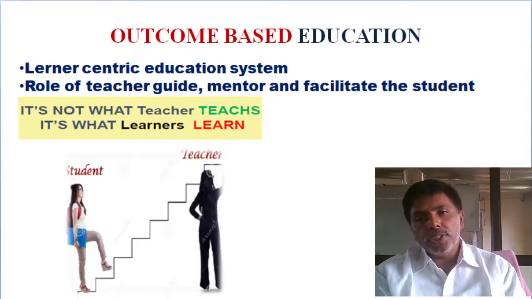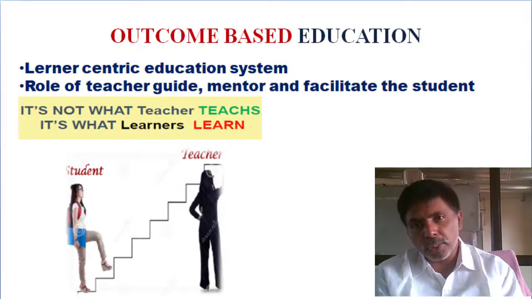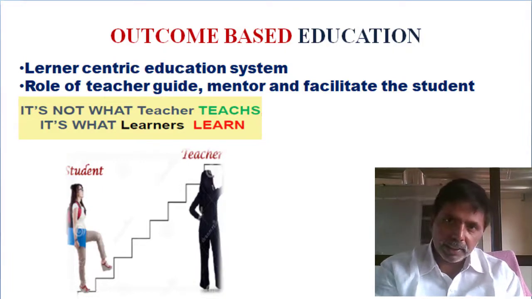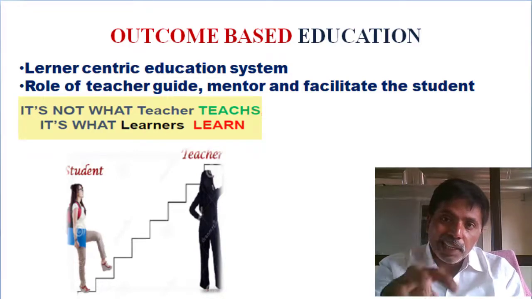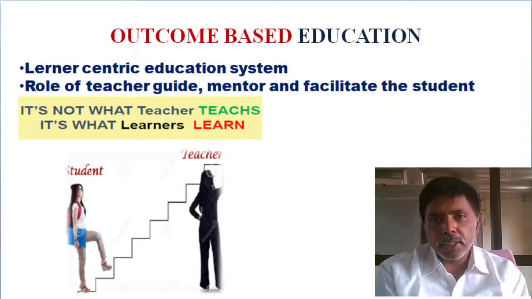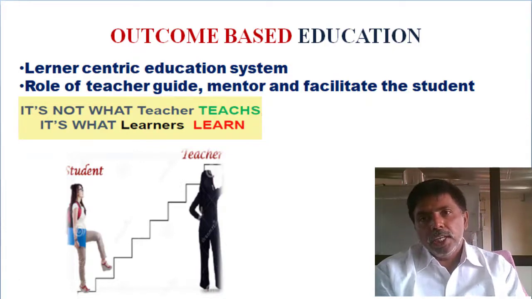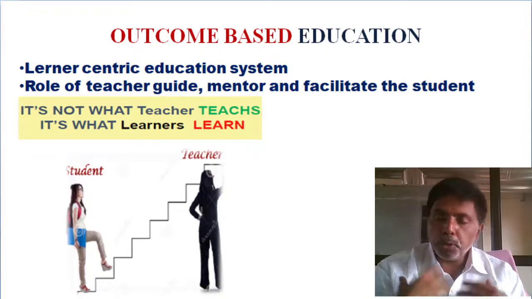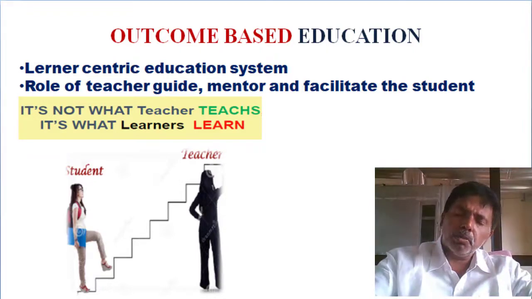But in outcome-based education, quantity and quality both are required. Qualified faculty is required, but they must be capable of inculcating some demonstration skills in the student. Then only is it called outcome-based education. In outcome-based education, my students got above 60% marks, no problem.